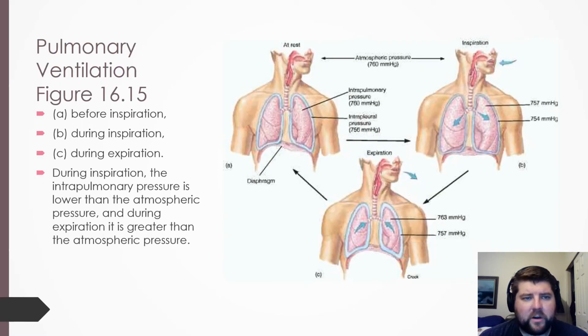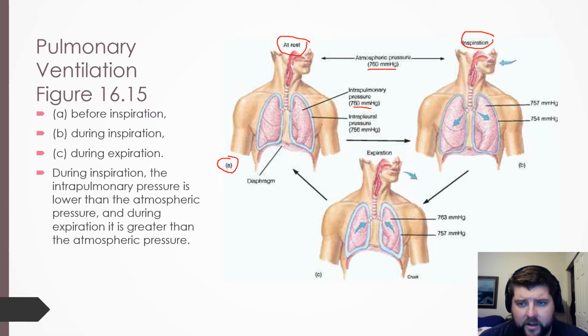So here we have pulmonary ventilation, and this is what we were talking about before. All of this is measured. You have atmospheric pressure, and then we have intrapulmonary pressure here in diagram A. This is before inspiration, and you can see this is at rest in A, and right here at B we have the inspiration.